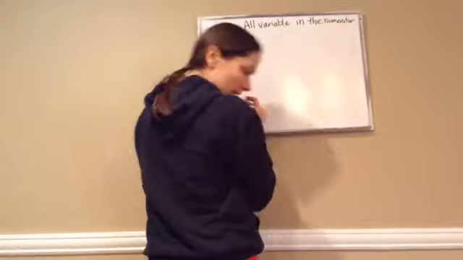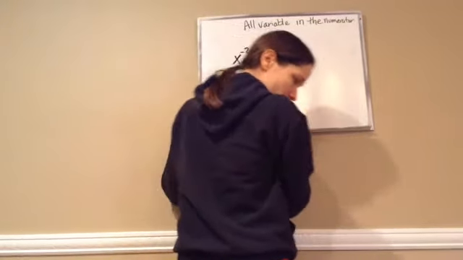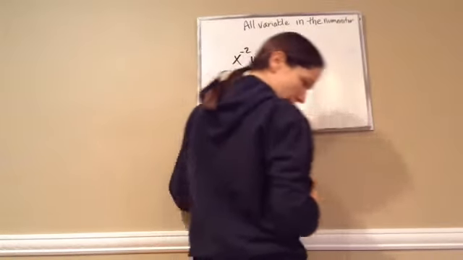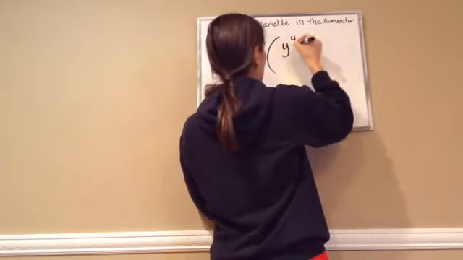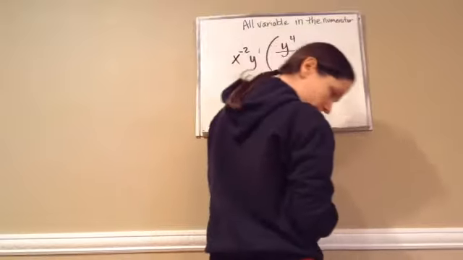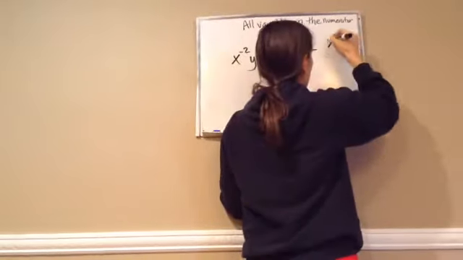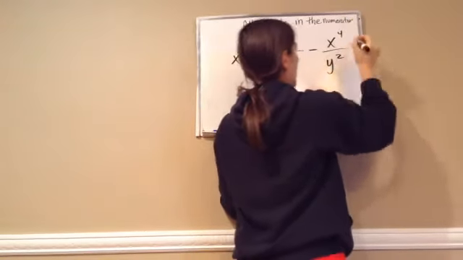x negative squared y times, and I'm going to put 1 right here just because it helps me, y to the 4th power over x to the 2nd power, minus x to the fourth power and y to the second power.